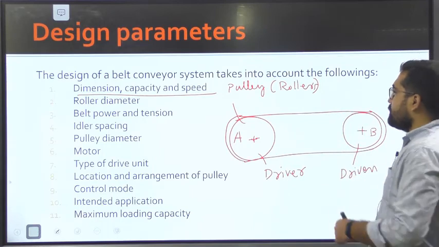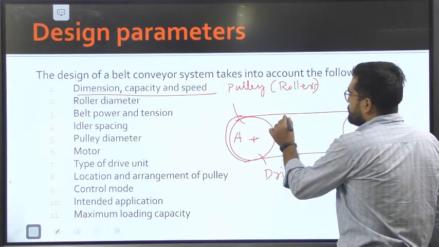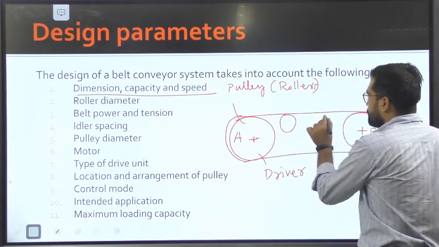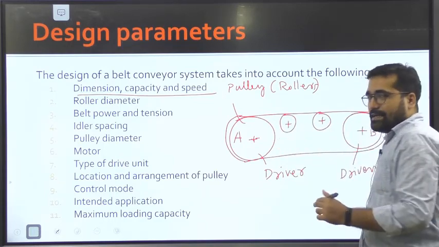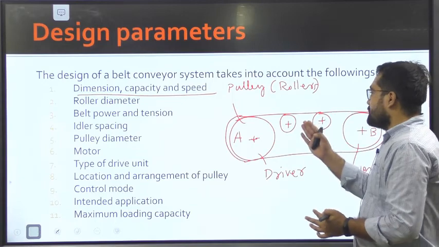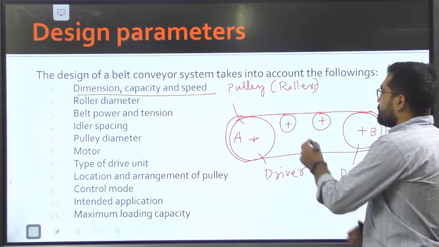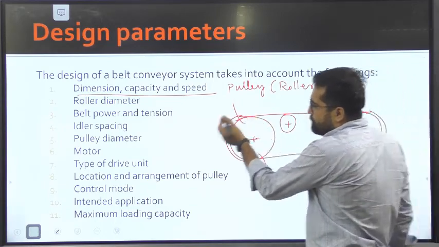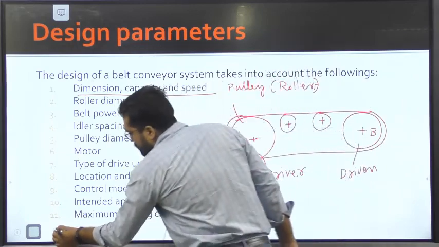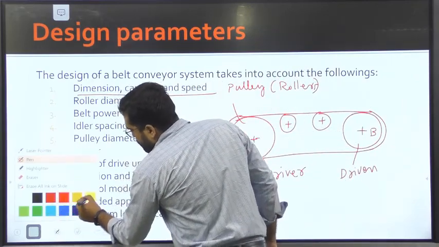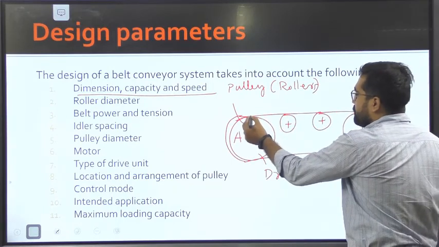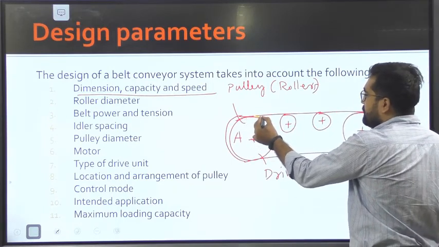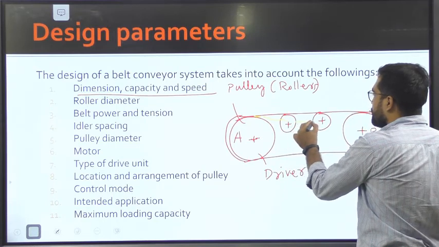Other than that there will be idlers. Idlers are generally made to overcome sagging of the belt. If these idlers are not there, sagging of the belt will occur.